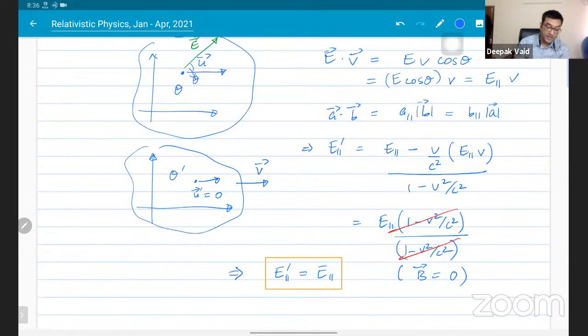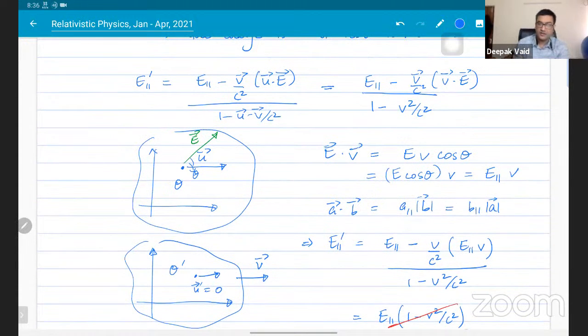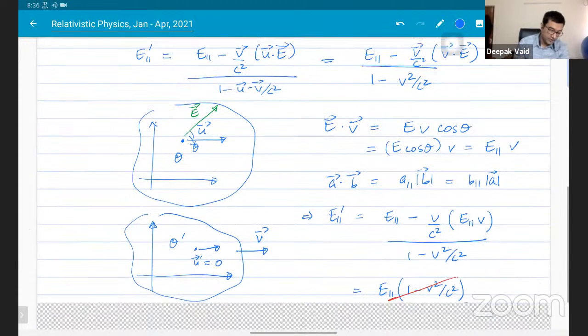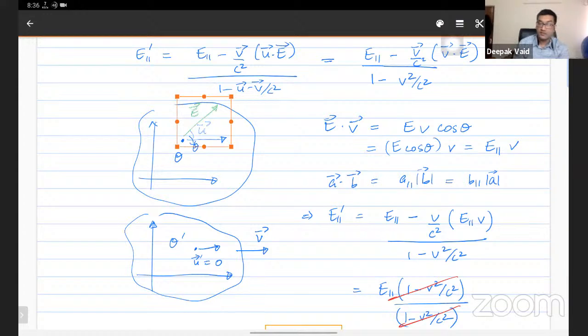Okay. And now you might ask, well, isn't this a special case? I mean, because I've chosen this velocity to be the same as the velocity of this charged particle. Well, the thing is, we are not interested in what happens to the charged particle. The charged particle is simply a test object. What we are interested in is the electric field.